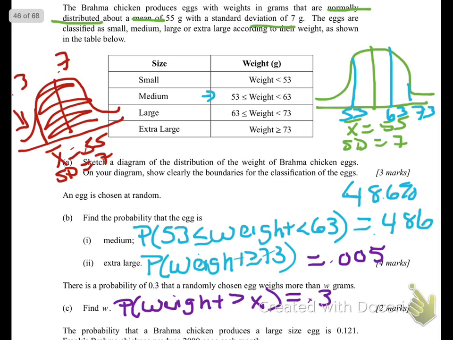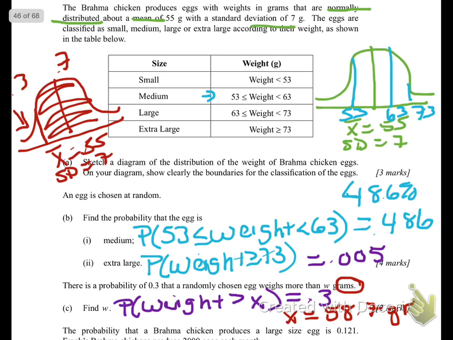Now, my area. What percent of my area did I shade? Did I shade 70%, correct? So put in 0.7. Remember, the area underneath the curve is always 1. My mean is still 55. My standard deviation is still 7. And so I am going to get x is equal to 58.67, so I'm going to say 58.7. And don't forget your units.